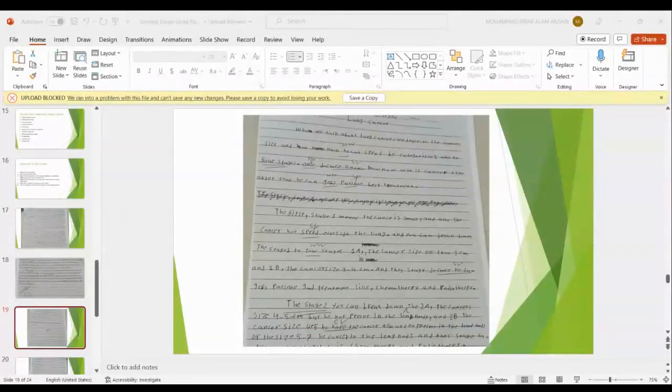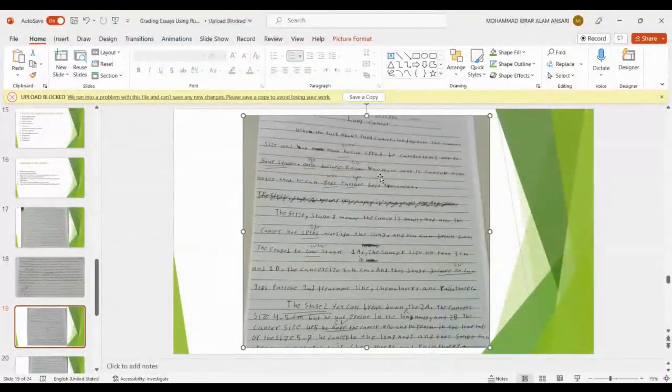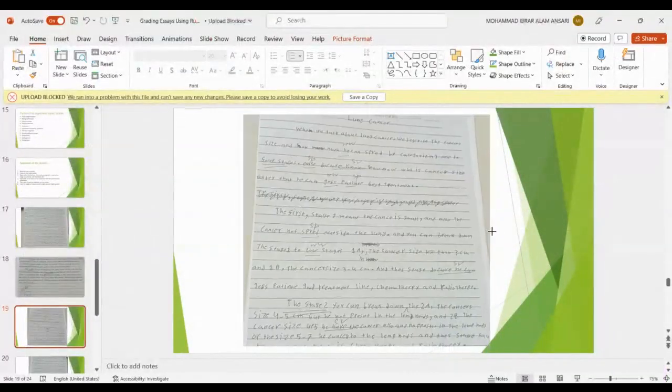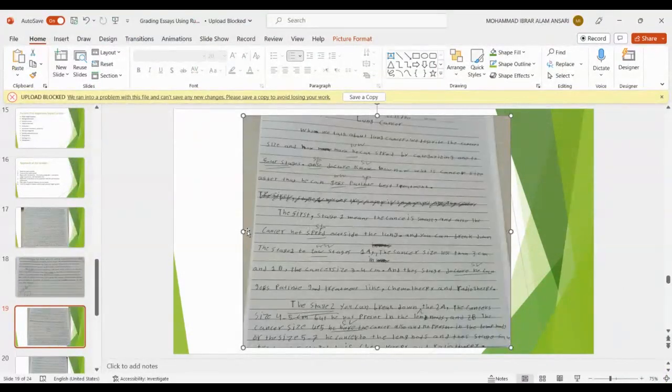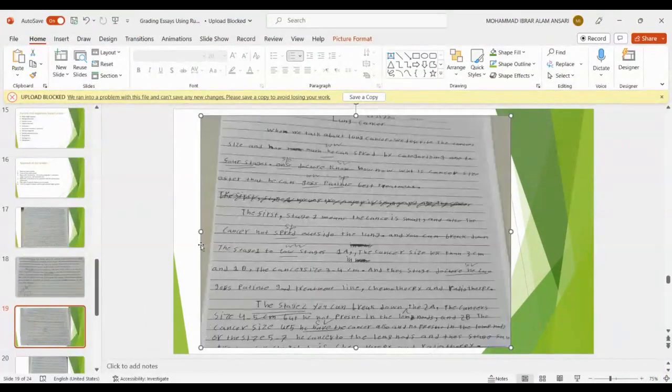Because of the rating scale. We look at the rating scale and then we give a particular score. Okay. Is it better?